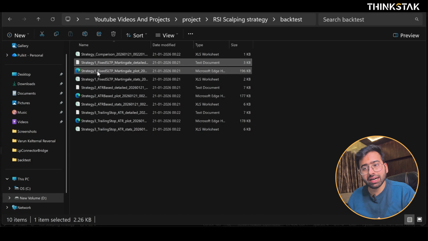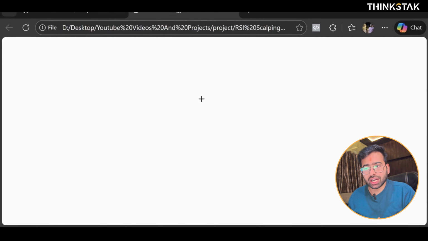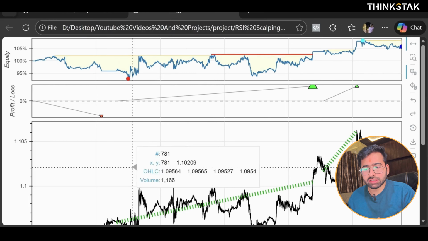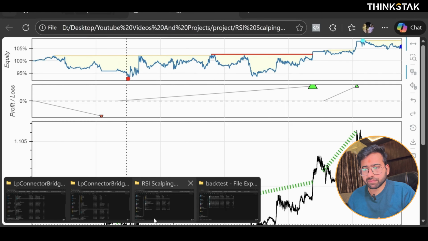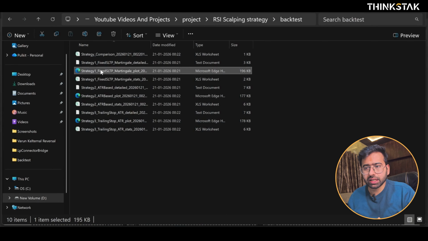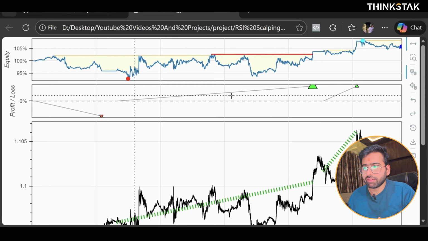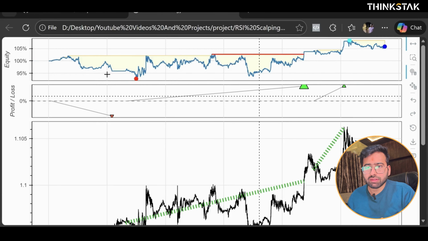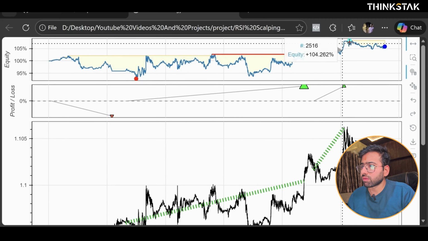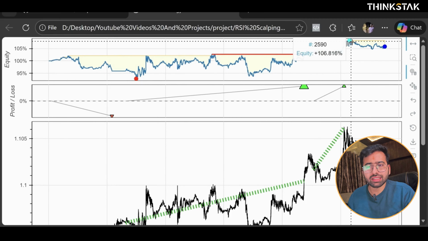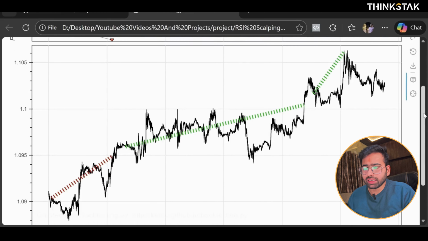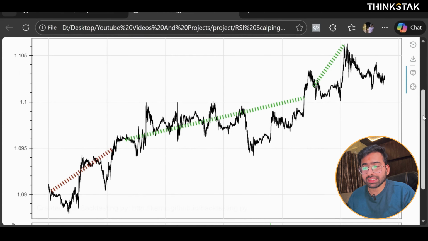If you want to check the signals on the chart, then you can click on this particular web page. It will open and you can see we have gained almost 6% return in 1 month, and its win rate is very high, 66%.